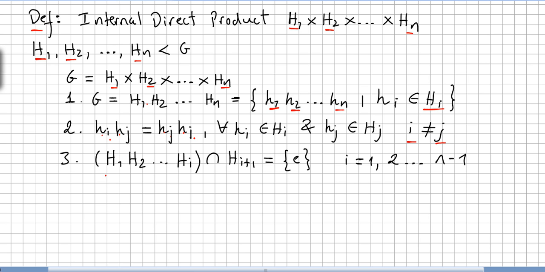And 3, the intersection of the product H1 ... Hi with Hi+1 should be equal to the identity, where i goes 1, 2, till n minus 1.